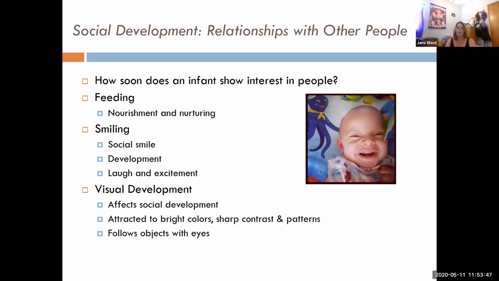That is not an accident in regards to social development. Because if you think about when a mother is nursing, or when we are bottle feeding, how many inches are their eyes to our eyes? Right around 8 inches, okay? Their visual development affects their social development. Seeing that feeding as an opportunity to develop a bond is really, really important.